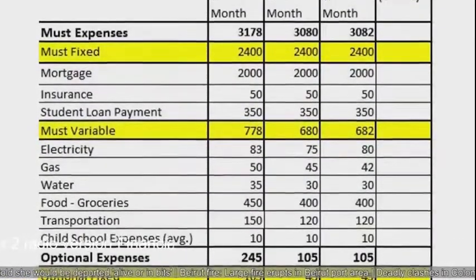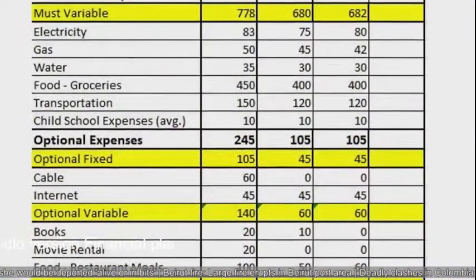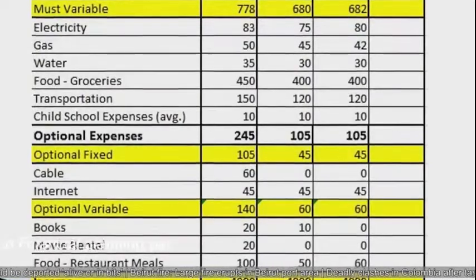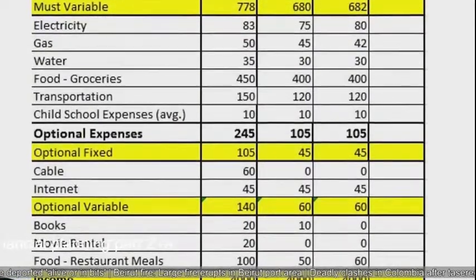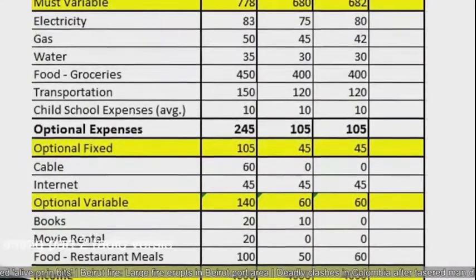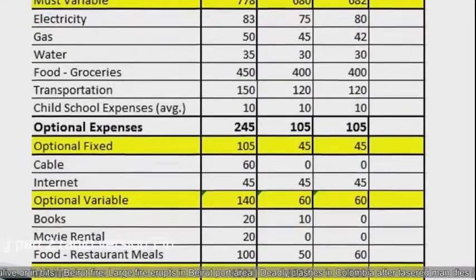And then their optional expenses, the optional fixed expenses, they spent $105 last month, $60 for cable and $45 for internet, for $105 in optional fixed expenses.